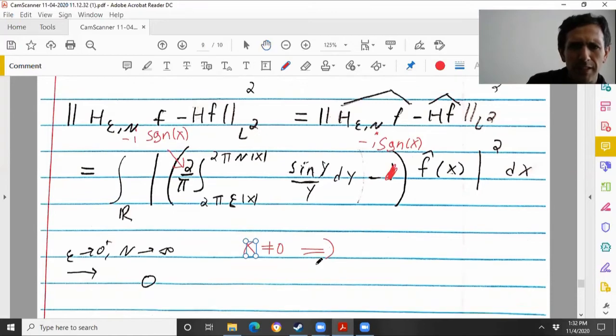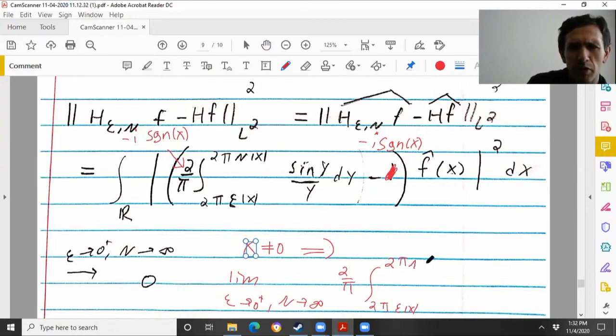That implies that this limit here, and I'll be a little more precise in a second, doesn't really matter how we take this limit or how you interpret this, 2 over pi, 2 pi epsilon x. Doesn't matter if x is positive or negative.